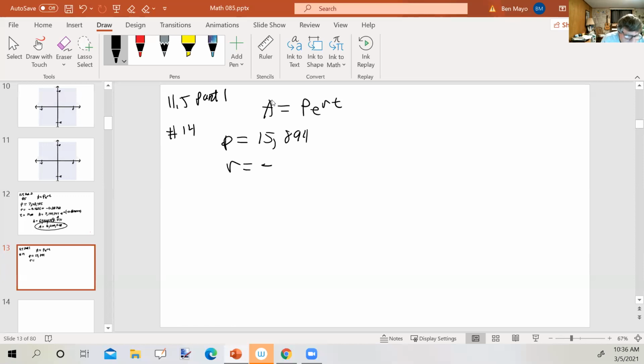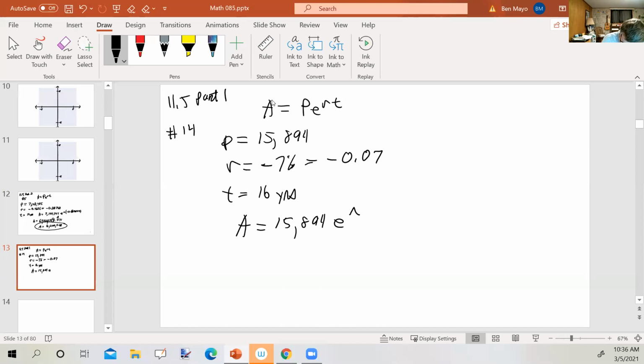R is negative 7%, which would be negative 0.07. Again, converting from a percent to a regular number, you'd move the decimal point 2 places to the left. T is 16 years. So A equals 15,894 times e to the power negative 0.07 times 16.